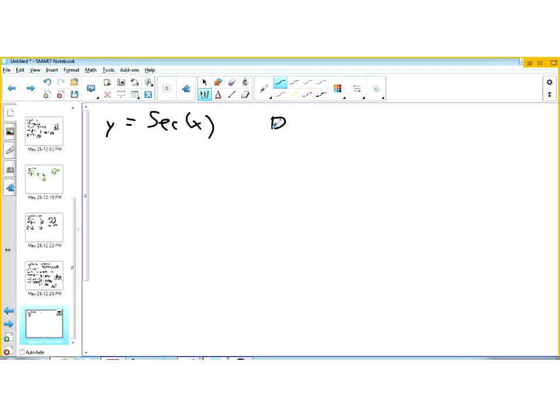Yeah, that's why a lot of math courses sidestep this in the calculus class. So the domain of the secant function x this time will equal 0 to pi halves, and that will be the positive branch, union, and then the negative branch, like so.